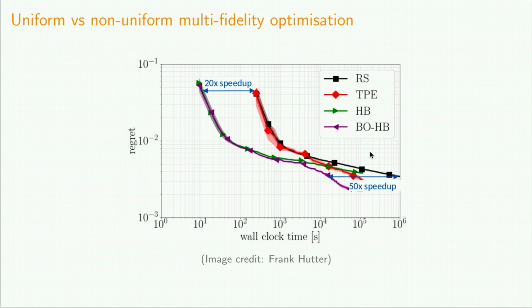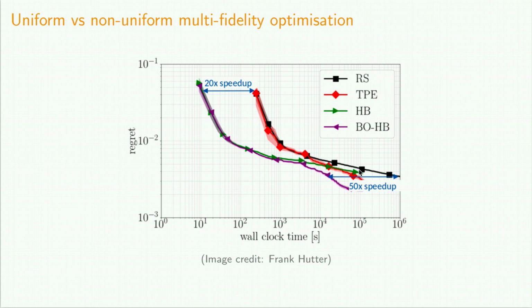So what's the impact in practice? We have a similar type of experiments here, where we compare uniform versus non-uniform multi-fidelity optimization. We have random search, TPE, which is model-based, which is Bayesian optimization, we have Hyperband, and we have TPE-based Hyperband. What can be observed is that we have a speed up here. We see that Bayesian optimization is more sample efficient, so we have a big advantage compared to random search.